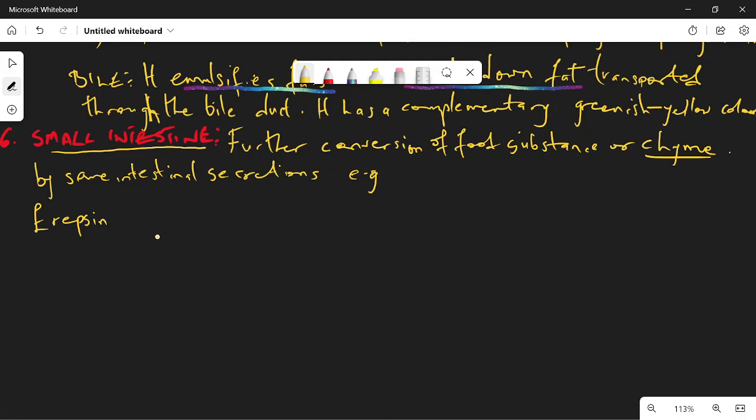Erepsin converts polypeptides to amino acid. We have another one called the maltase.